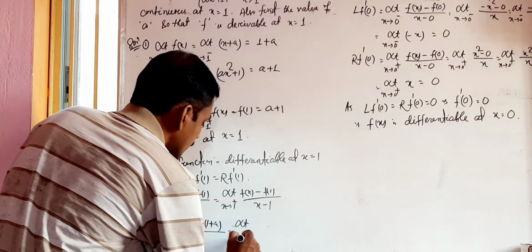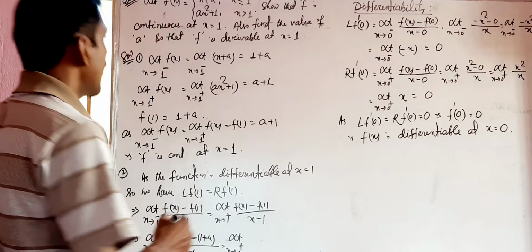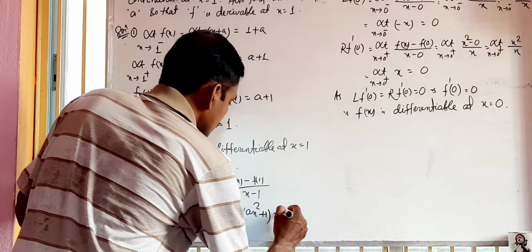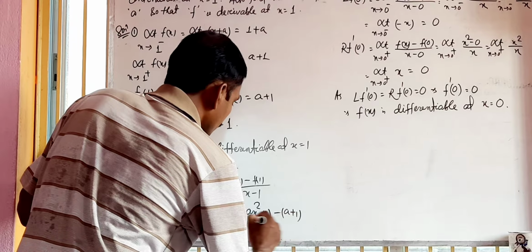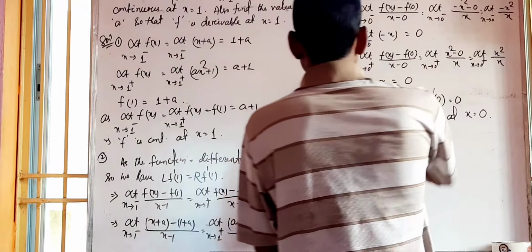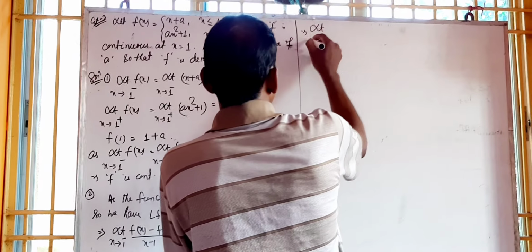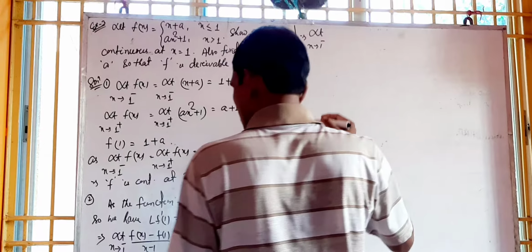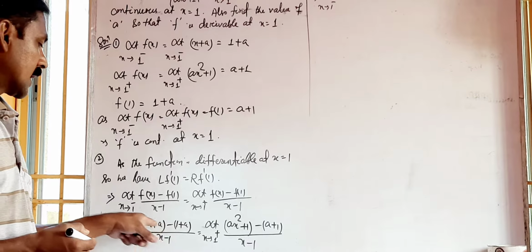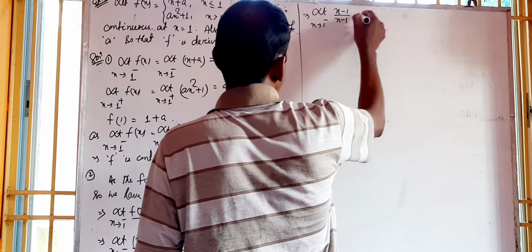And the right hand side is limit x tends to 1 plus. When x is greater than 1, f of x is ax square plus 1. So ax square plus 1 minus f of 1, which is again a plus 1, by x minus 1. Now we will simplify. In the limit x tends to 1 minus, when we open the bracket, the plus a and minus a will be cancelled and the numerator will be x minus 1, so x minus 1 by x minus 1.